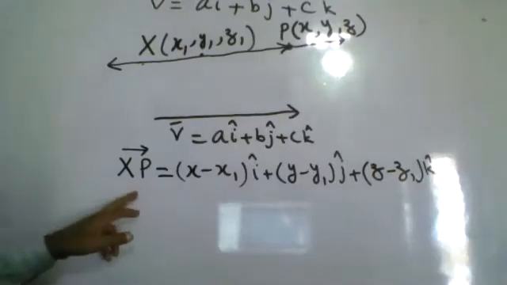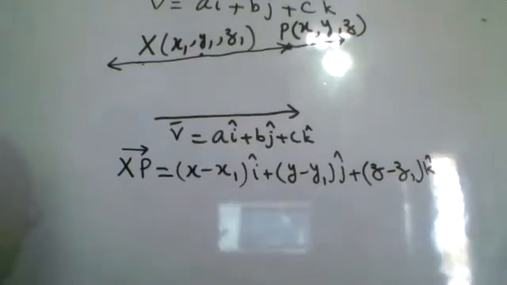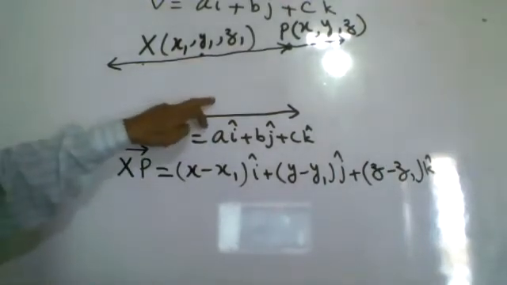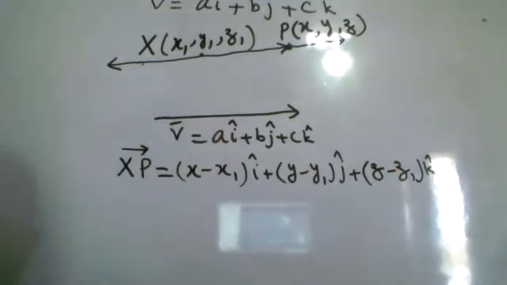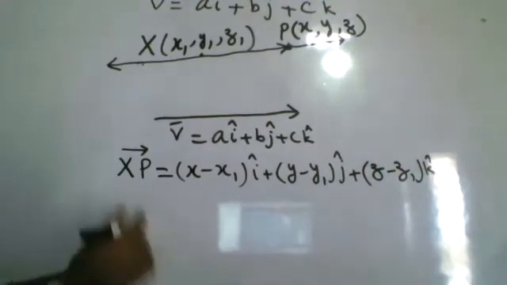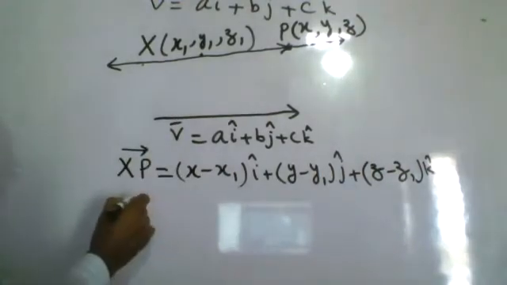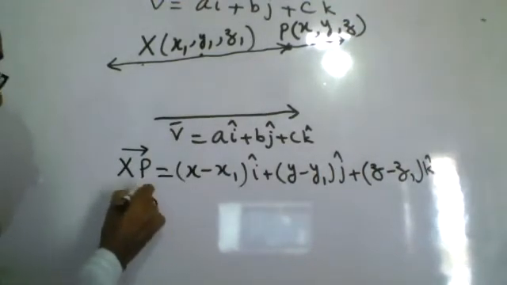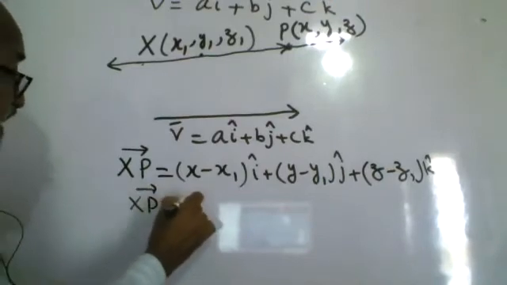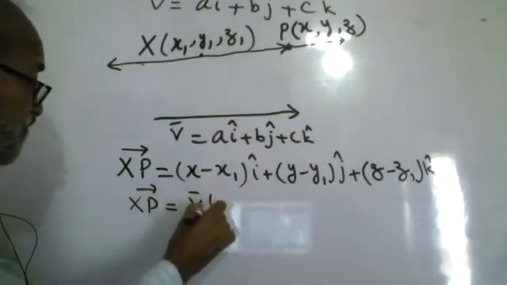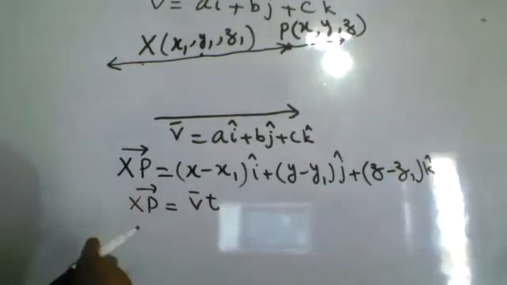So this is a vector XP which is parallel to the given vector v. Now these two vectors are parallel. It doesn't mean they are equal, but we suppose that if we multiply vector v by t, then XP will be equal to the vector v into t. t is a scalar number.